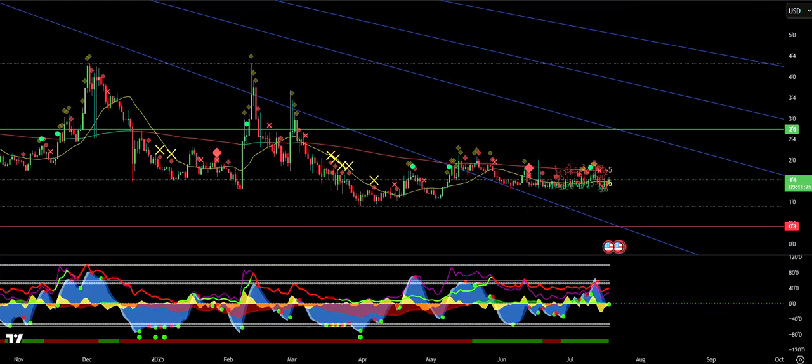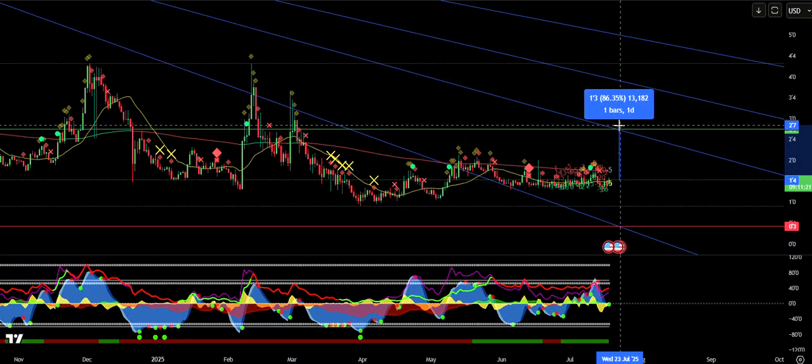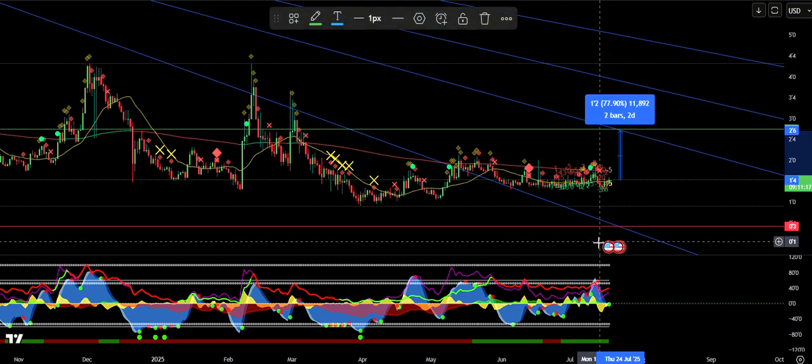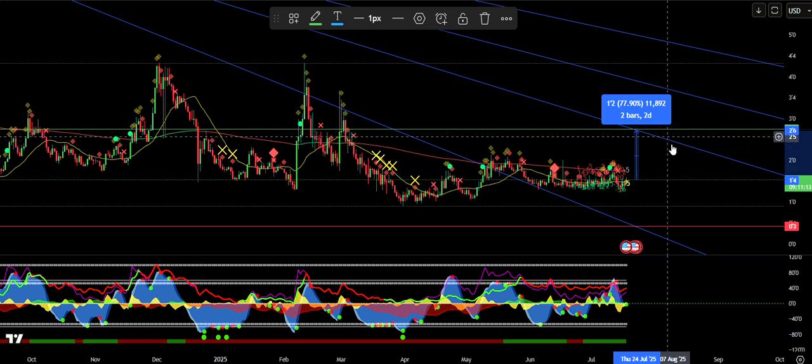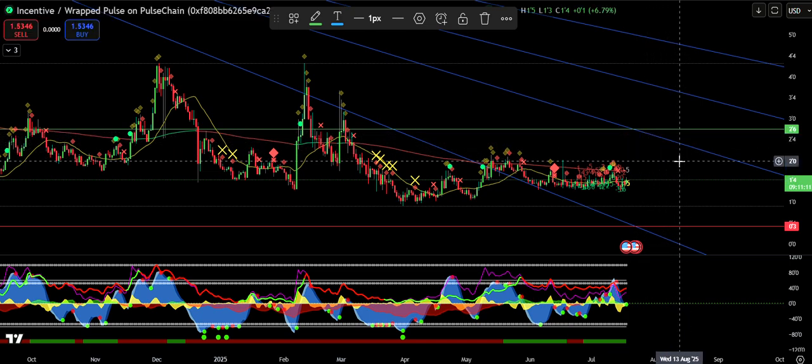So probably going to get a nice wee move on incentive. 70-80% minimum on incentive, and that would put it right in line with this diagonal trend line.